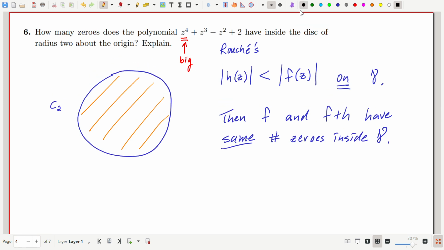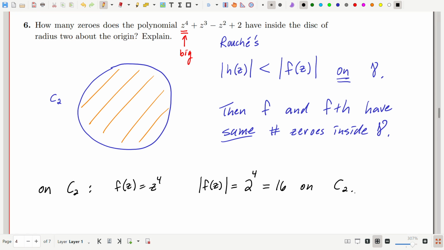So on C2, I'm going to write f of z is z to the 4th. And then on C2, the modulus of f of z would be 2 to the 4th. What's that? Oh yeah, 16, on C2.